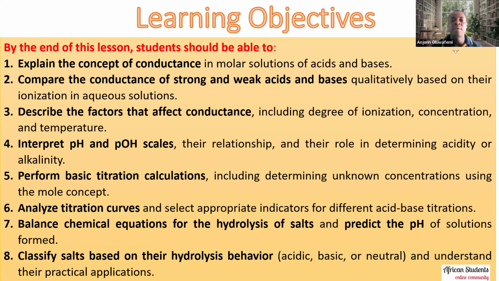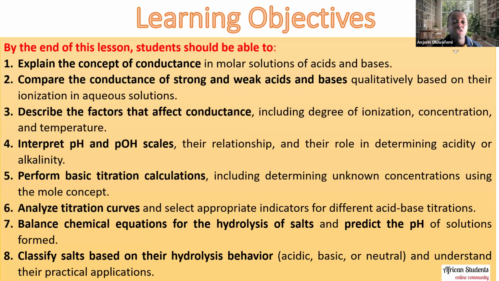Number 3, describe the factors that affect conductance, including degree of ionization, concentration, and temperature, and also interpret pH and pOH scale, their relationship and their role in determining acidity or alkalinity.